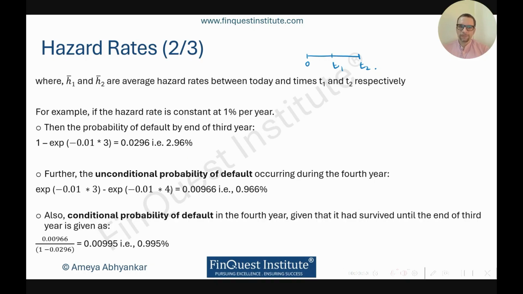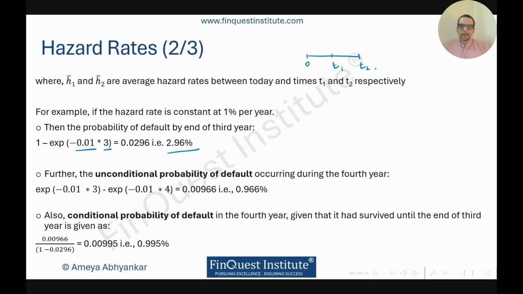Now, if we assume that the hazard rate is constant at 1% per year, then the probability of default by the end of the third year can be given by 1 minus e raised to minus h bar into t, where t is equal to 3 years and h bar is 0.01. So that is 2.96%.